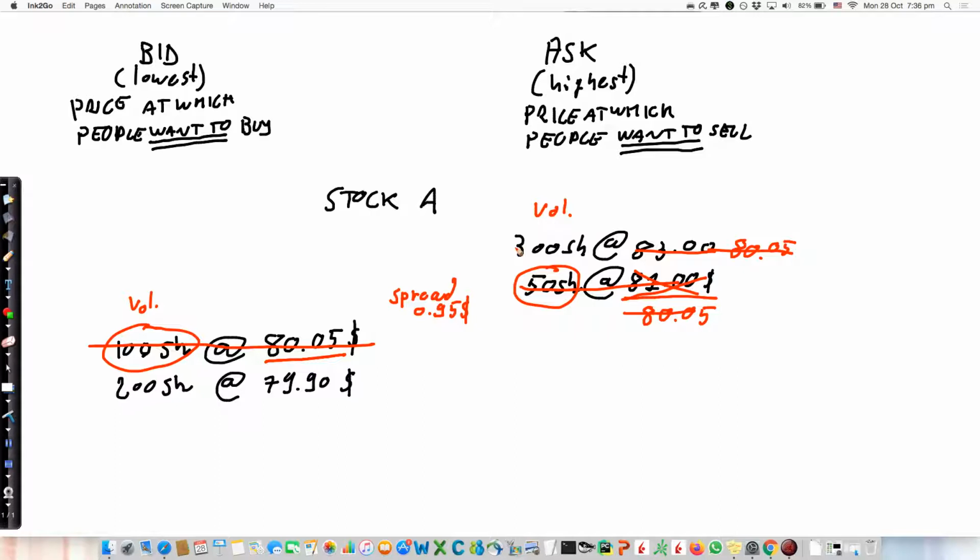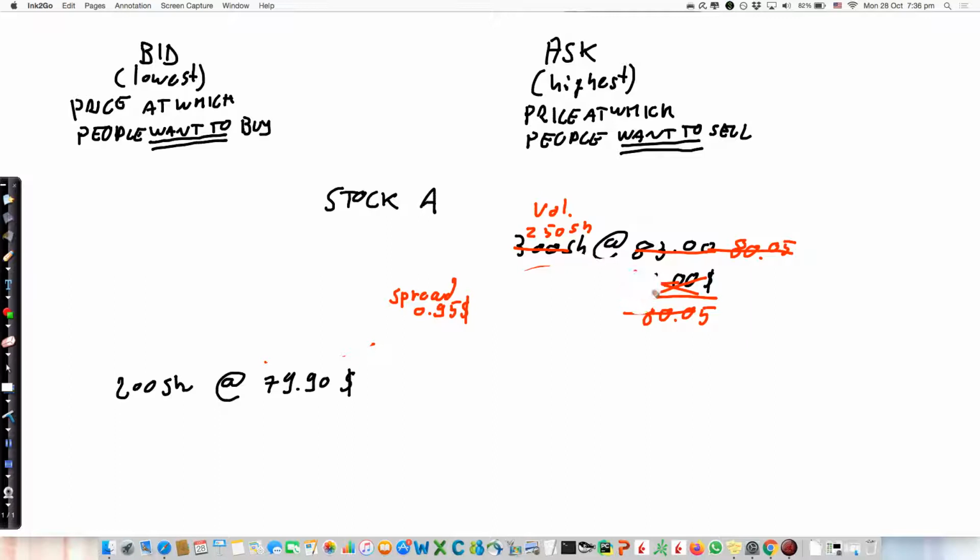So here what is left? We have 250 shares left, okay? And so we can cancel. This is not there anymore, okay? This is not here anymore. And this is now 250 shares at 80.05.